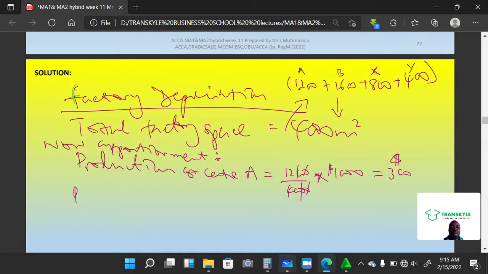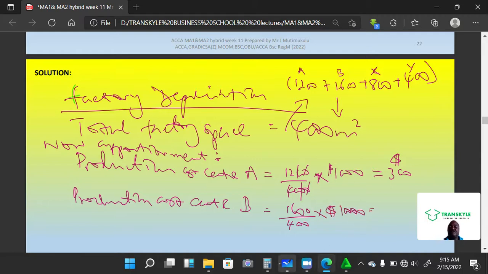You go to production cost center B. That's 1,600 over 4,000 multiplied by 1,000.